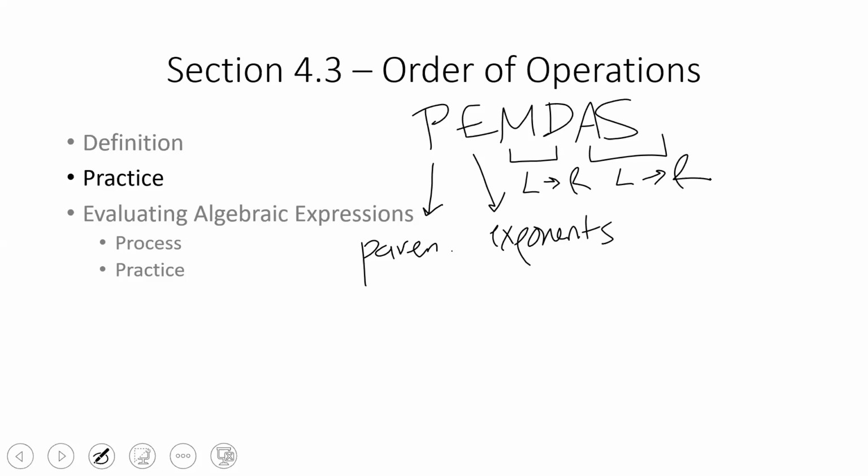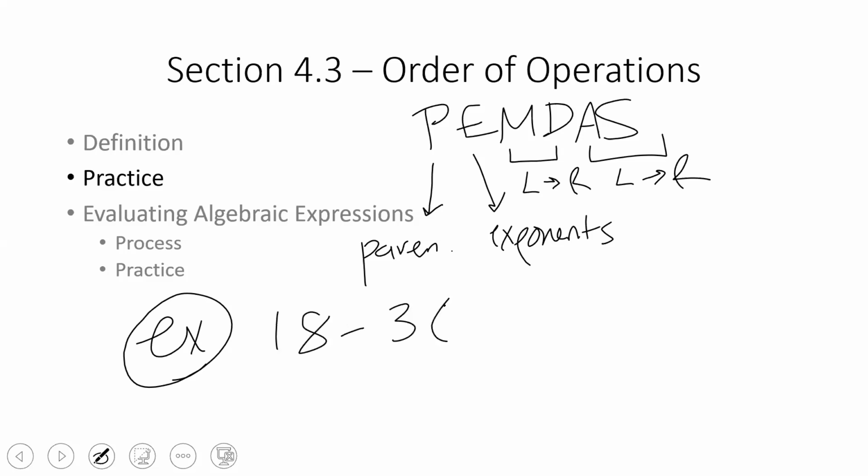Let's look at a couple practice problems. I'm going to do one on this screen and then I'll clear and do two more. Let's look at 18 minus 3 times (5 minus 3). We want to do the P first, or the parentheses first.